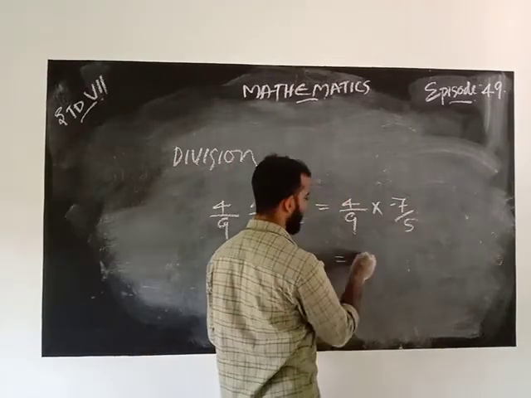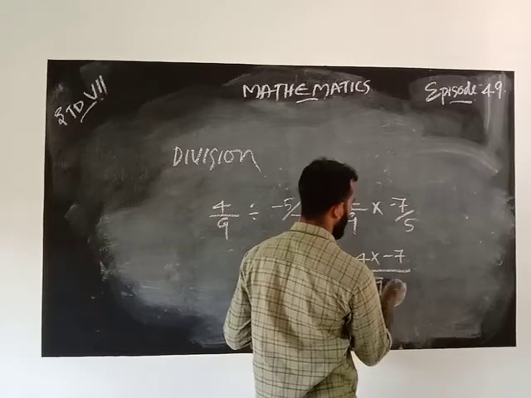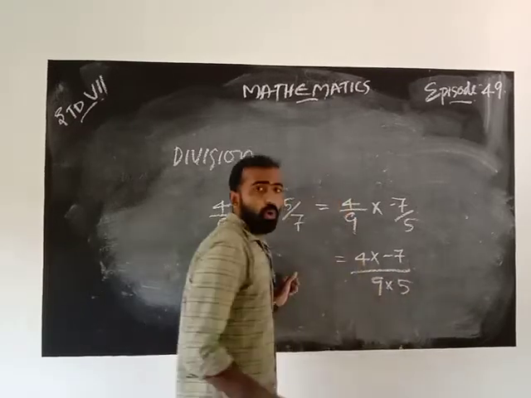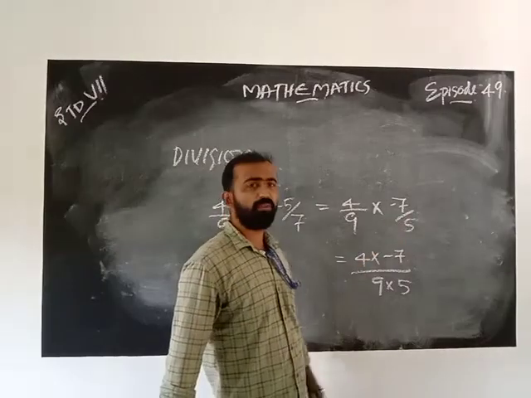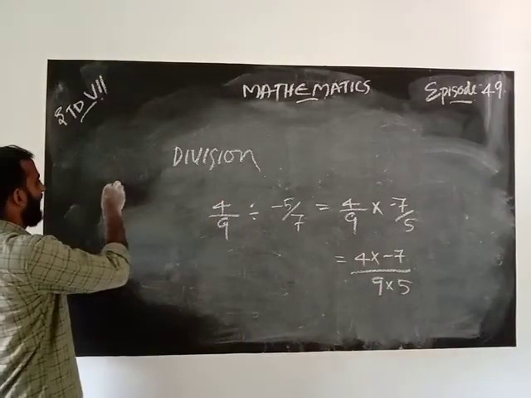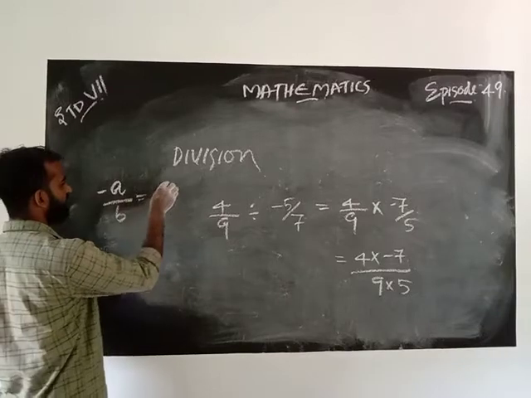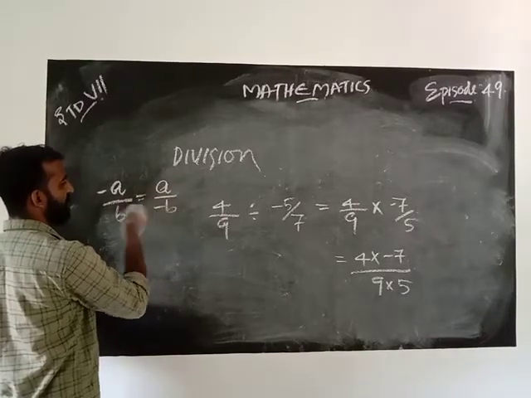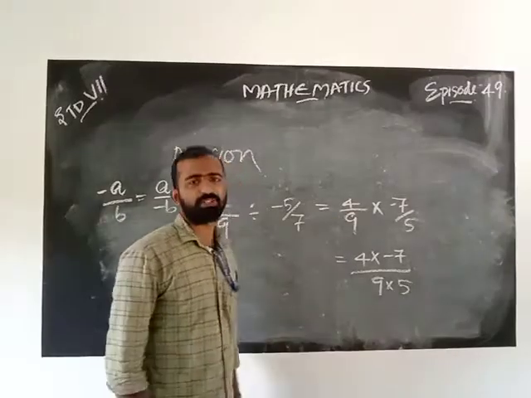Next step: 4 into negative 7 and 9 into 5. Or otherwise you can write it as negative 7 by negative 5. These are the same, since negative a by b equals a by negative b. So we can write it as negative 7 by 5.